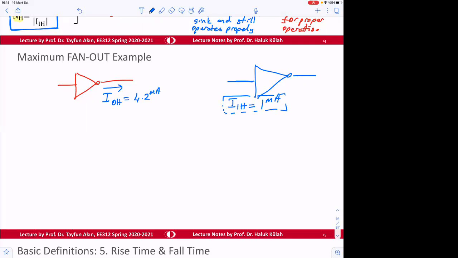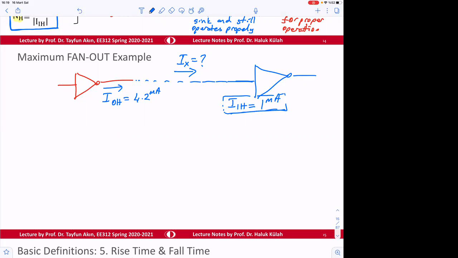If I connect 1 here, what is going to be the current here? 1. Yes, it's going to be 1 because this is necessary for this one to operate properly. So Ix is going to be 1 if you connect 1 here.